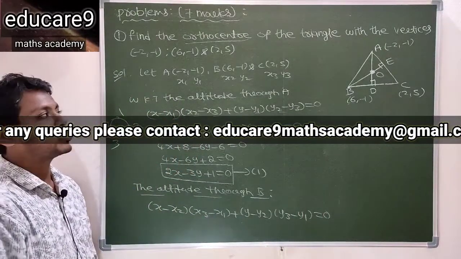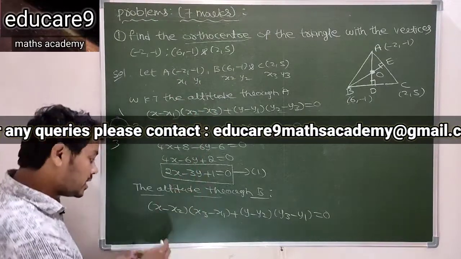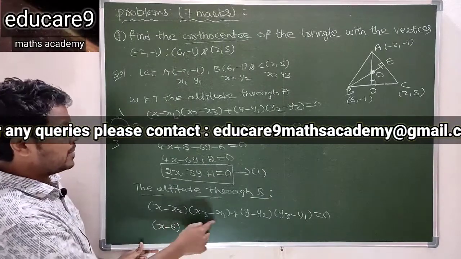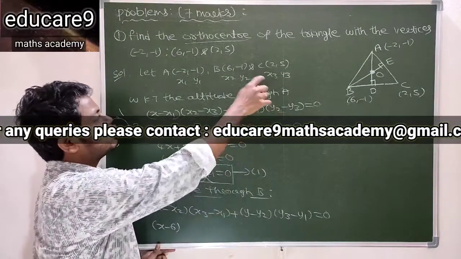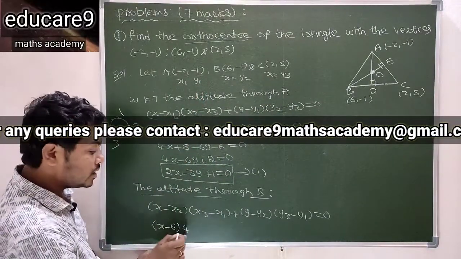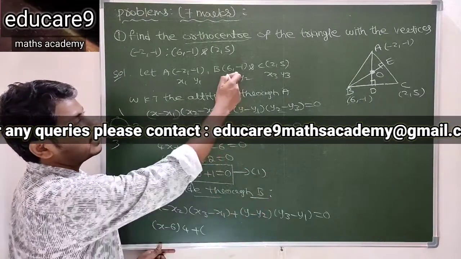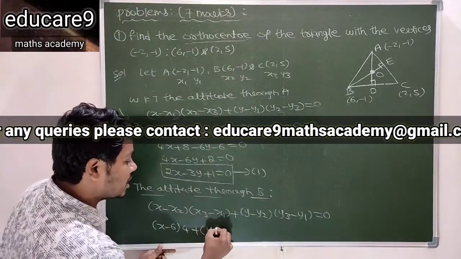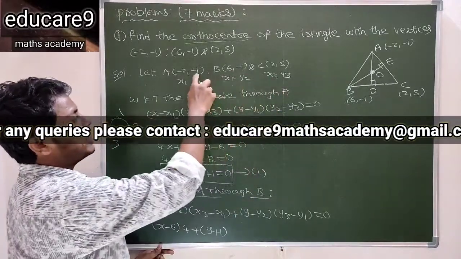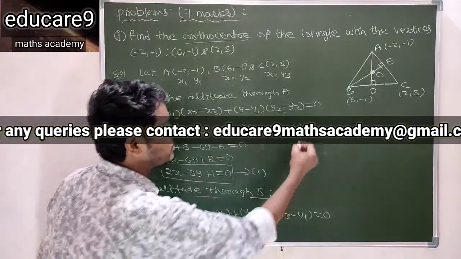Again we substitute x1, y1, x2, y2, x3, y3. So here what you get: x minus x2, that is x minus 6, x3 minus x1, so 2 minus of minus 2, you will get 4. Next, plus y minus y2, that is y plus 1, and y3 minus y1, so 5 minus of minus 1, 5 plus 1, 6, equals 0.